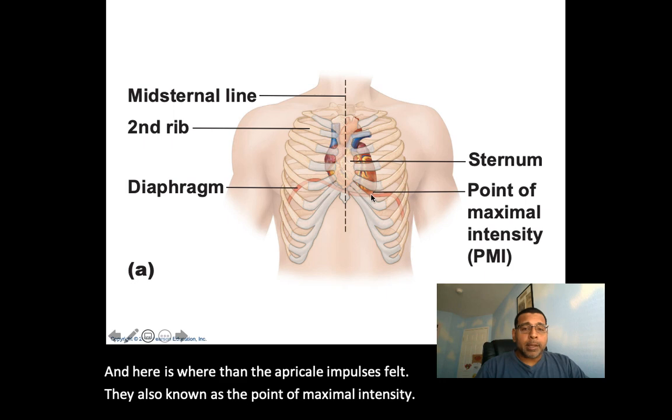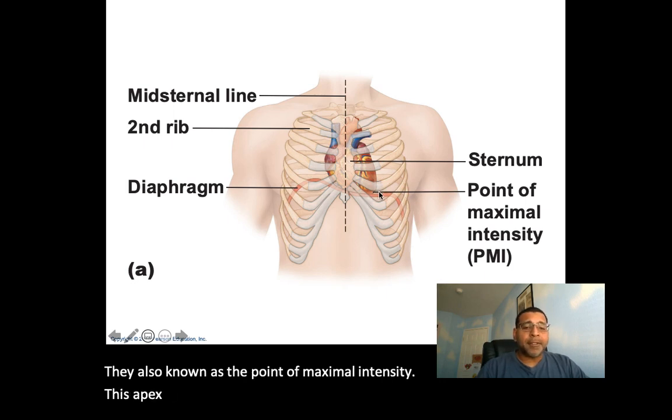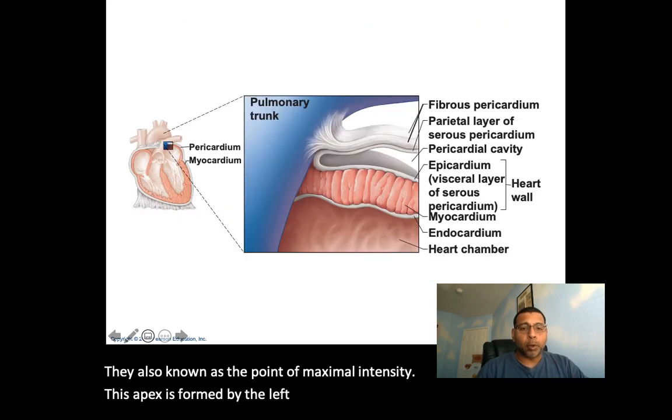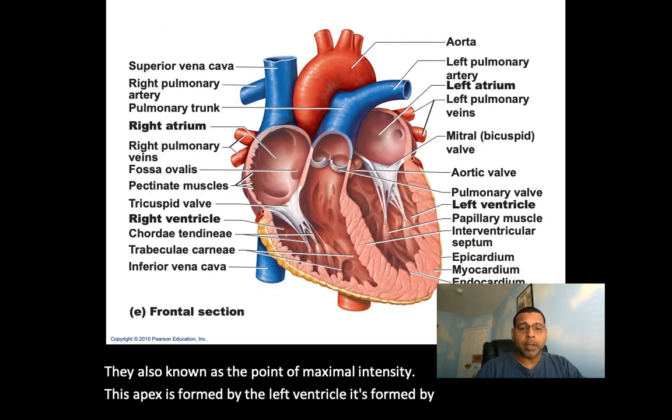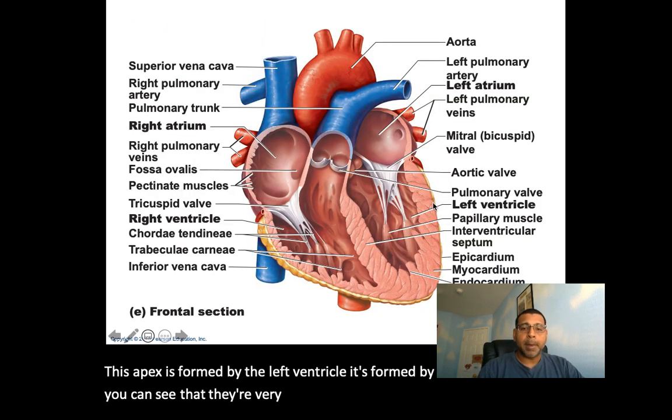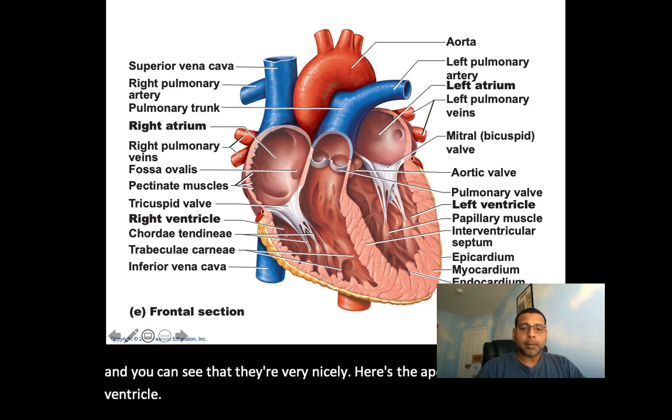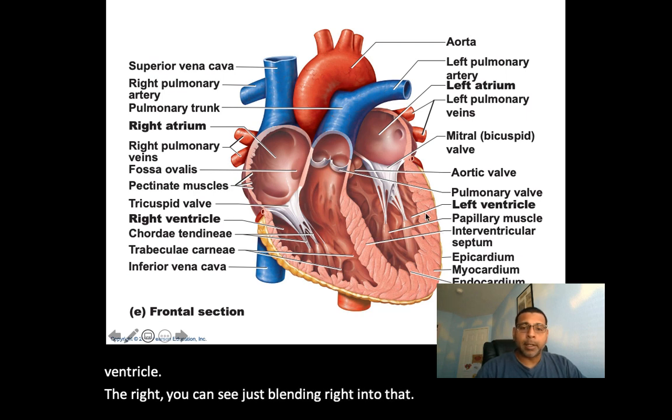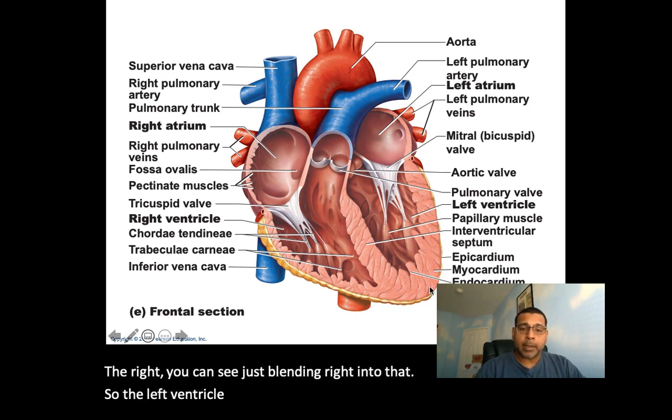This apex is formed by the left ventricle, and you can see that there very nicely. Here's the apex, here's the left ventricle. On the right, you can see it blending right into that. So the left ventricle is forming that apex right down here.